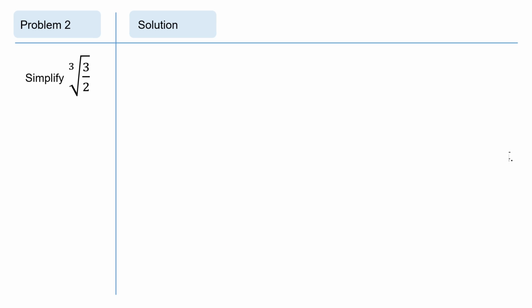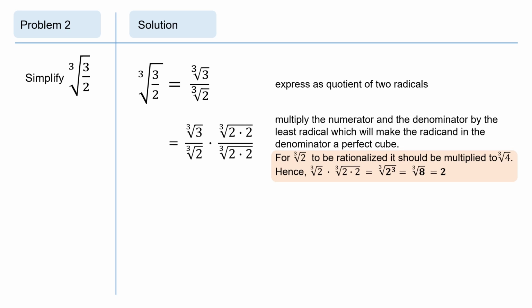Problem 2. Simplify the cube root of 3/2. Express as quotients of two radicals. So, pinaghiwalay lang. Then, yung ginawa natin kanina, rationalize. Saan i-multiply ang numerator at denominator? Sa cube root of 2 times 2.